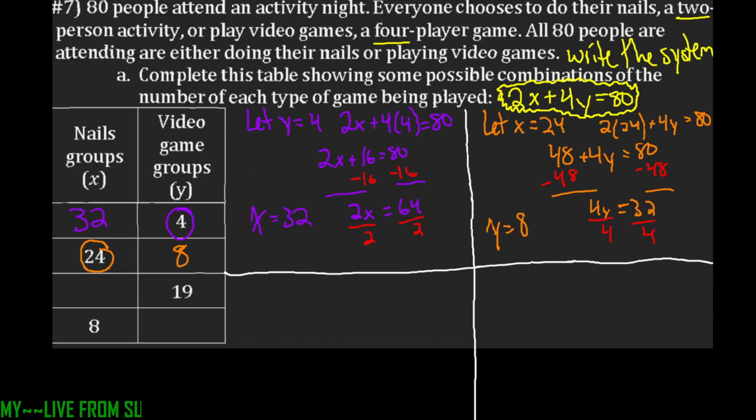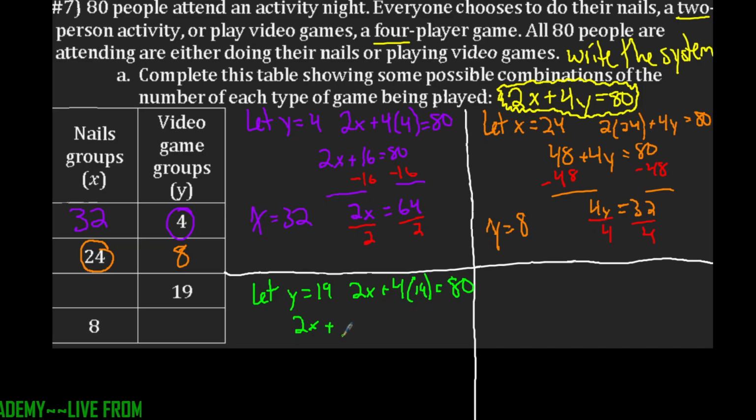All right, for this one, we're going to let y equal 19. So we have 2x plus 4 times 19 equals 80. Be able to simplify: 2x plus 4 times 19 is 76, equals 80.